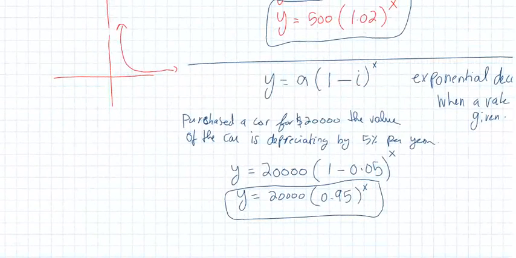Anytime that you have a base that is greater than 1, we call that exponential growth. This is how you're going to know it's exponential growth, because your base is greater than 1.